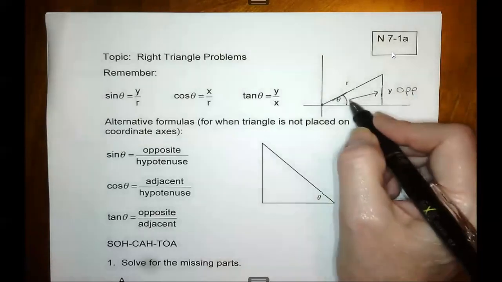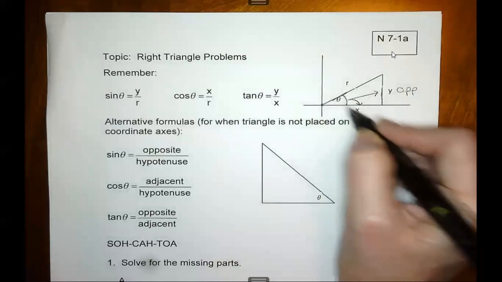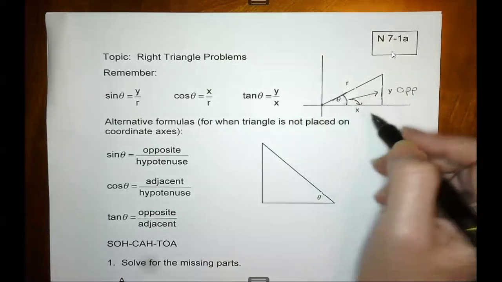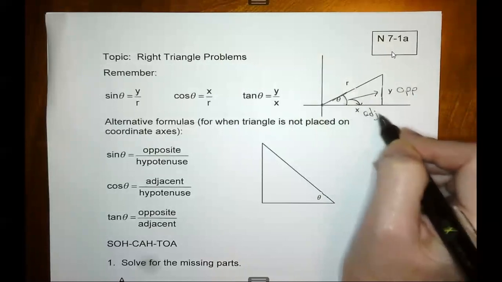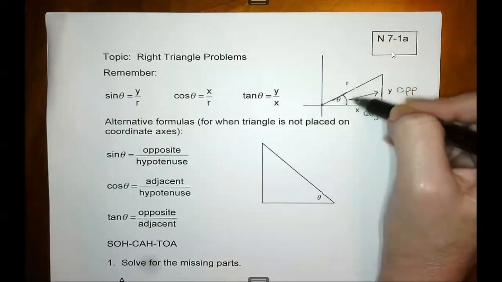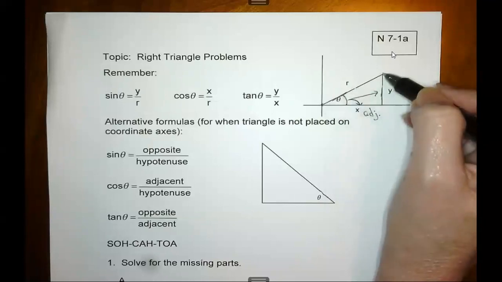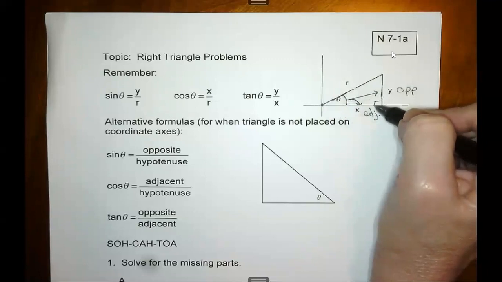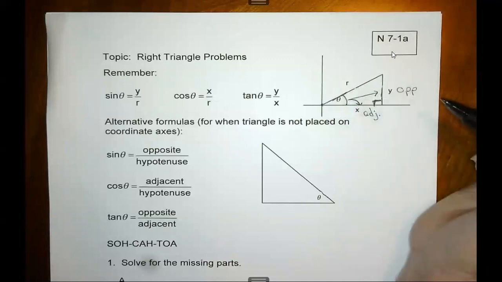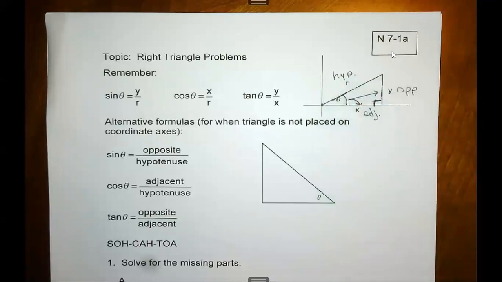When I look at this picture, the side right beside the angle, or the side that is adjacent to the angle, is x. Now r is also adjacent to the angle, but r is the longest side, always across from the right angle, and so this side is the hypotenuse of a right triangle.